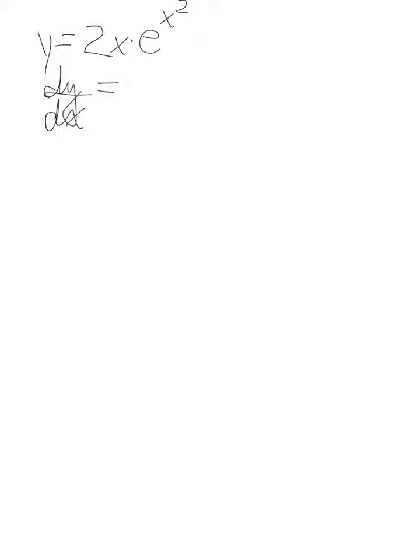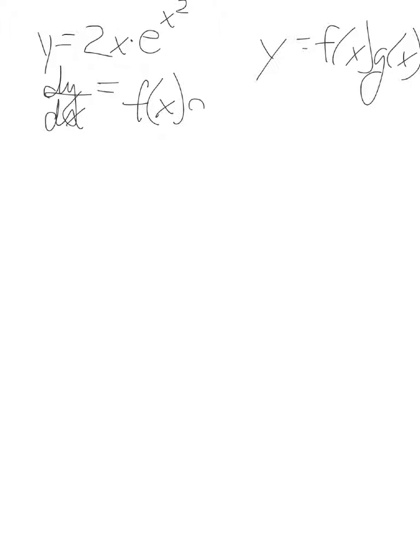So let me write a formula. If you have y is equal to f of x times g of x, you can write the derivative as f of x times g prime of x, that's the derivative of g, plus g of x times f prime of x.